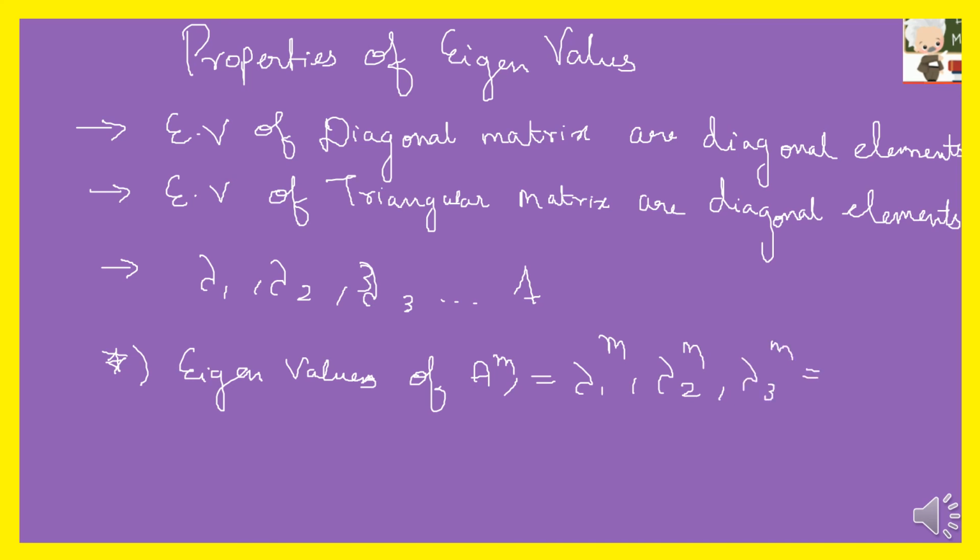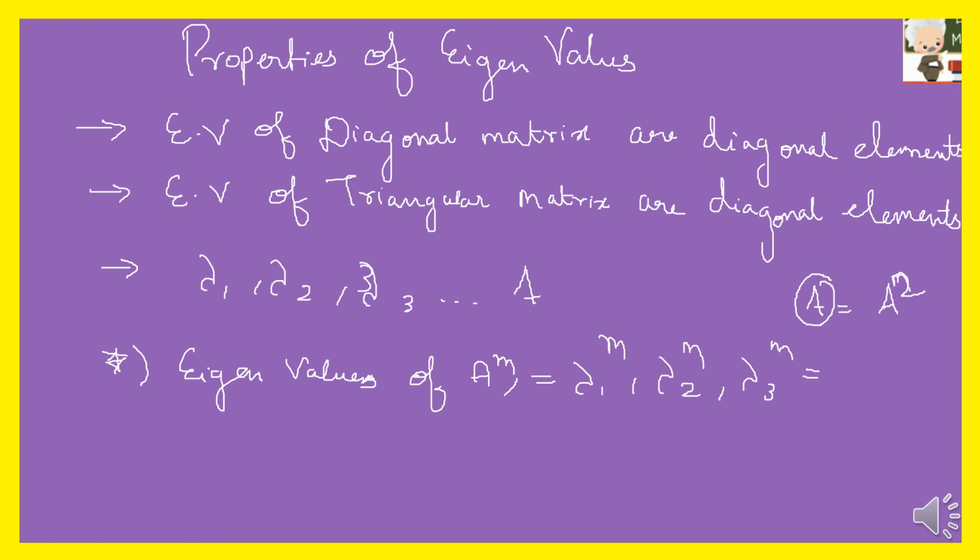Suppose in your question they give a matrix A and ask you to find the eigenvalues of A power m. You just have to find the eigenvalues of A and raise them to that power. For example, if it is 2, then you have to square your eigenvalues. Okay, this is one property.